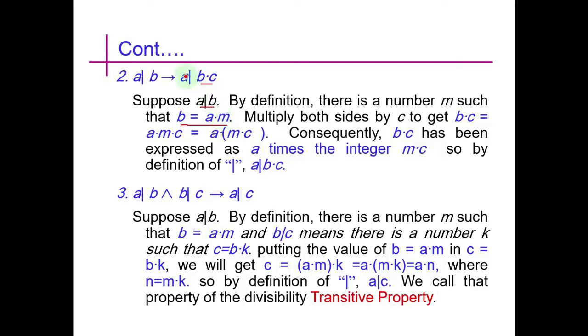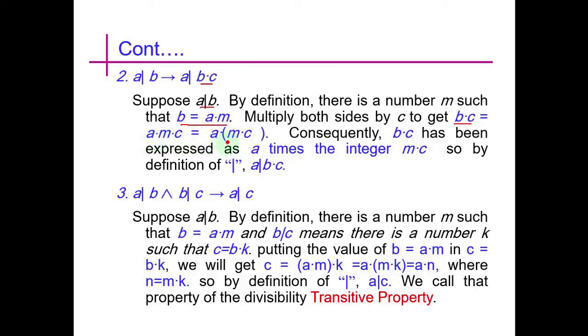And since we want to know whether a divides bc or not, we multiply c on both sides of this equation, which we get from a divides b. So we have b into c is equal to a into m into c.